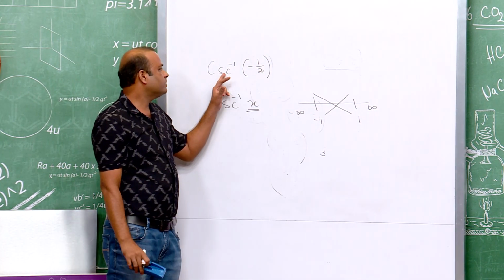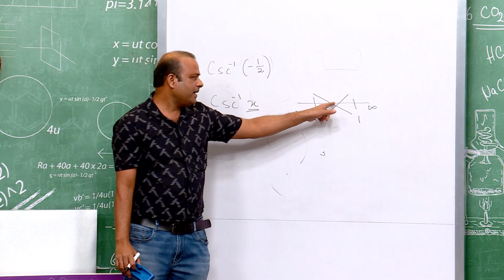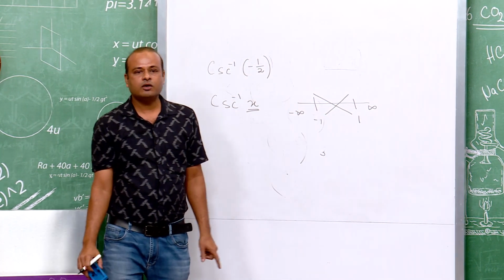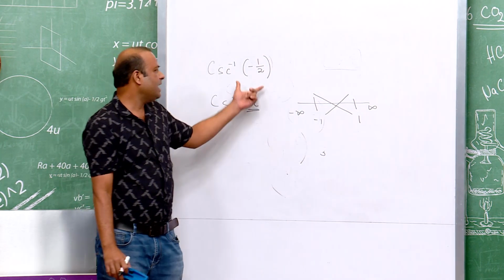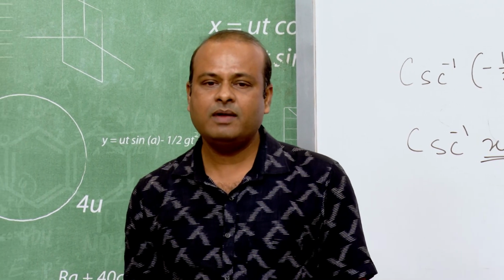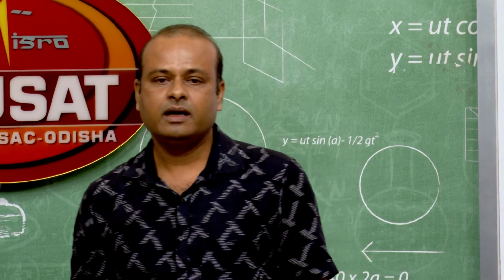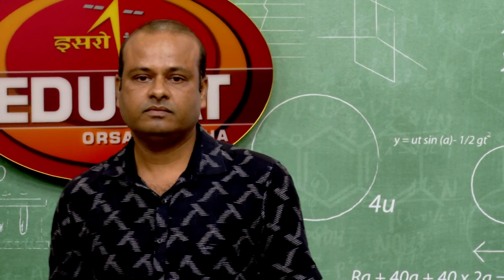So for cosec inverse minus 1 by 2, minus 1 by 2 belongs to minus 1 to 1, so this value does not exist. So what is the principal value? You can say the principal value is an empty set phi.